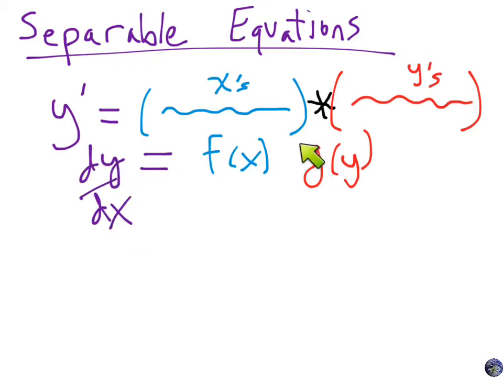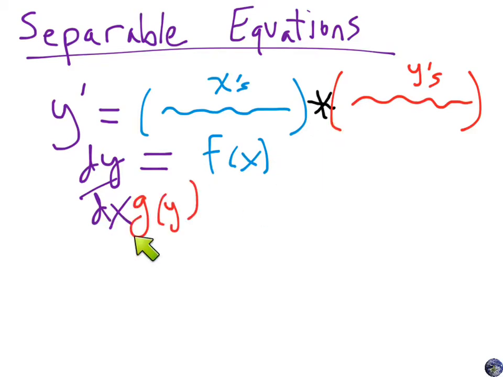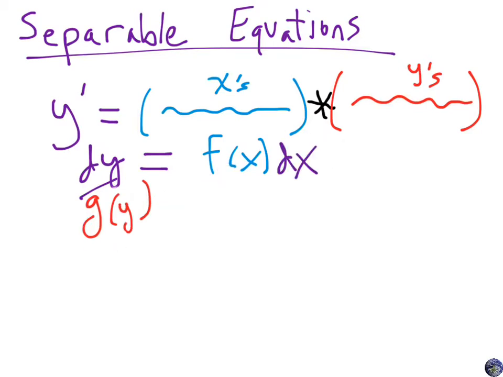And I'll justify doing this in a minute, but let's take this formula of y's and divide it on both sides. Now there's a little bit of an issue if there is a spot where this formula is 0. That's something that can be worked around, but for now let's just get the general idea of what's going on. So let's take this g of y and divide it over to the other side, like so. And let's also take the dx and multiply that over to the other side, like so.